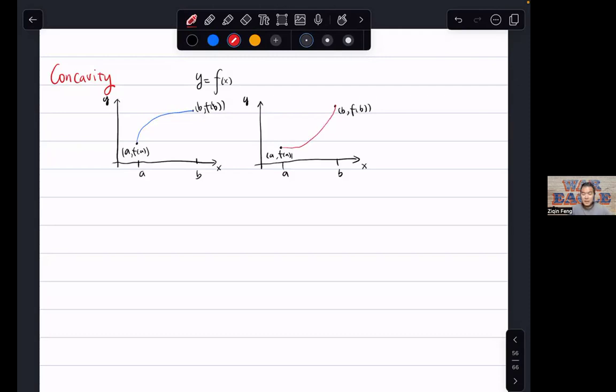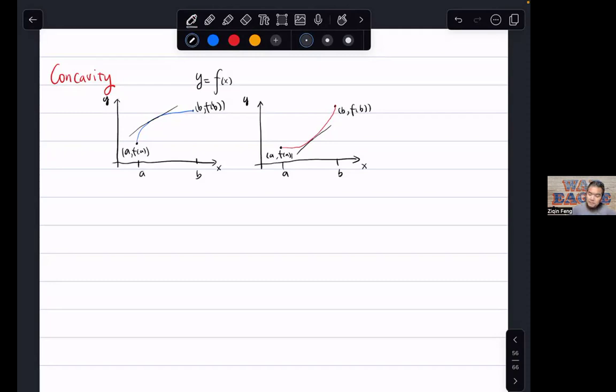On the first one, if you sketch a tangent line at any point, the curve is always below the tangent line. And if you sketch a tangent line on the second kind of increasing pattern, the curve is always above the tangent line.